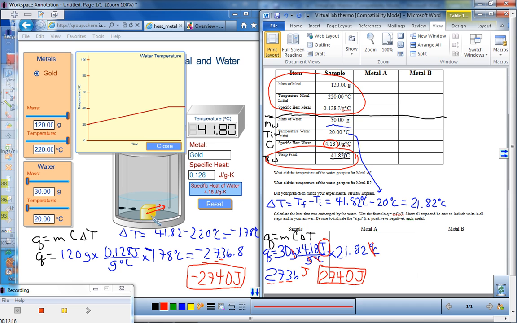The only heat that increased the temperature of the water was the heat that came out of the metal. So you'd expect them to be the same, and that they are. Alright, so we have the two calculations, the comparison. Now you need to answer the question on the second page that asks about whether the law of conservation of energy is true or not. Then we'll move on to part 2.